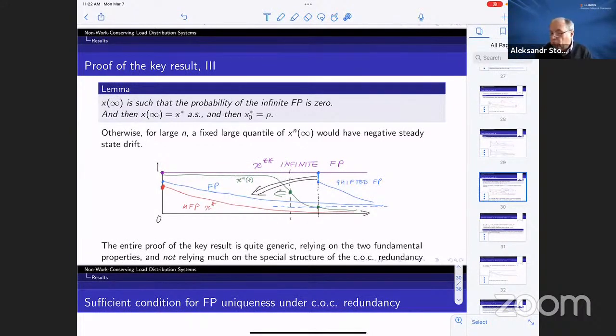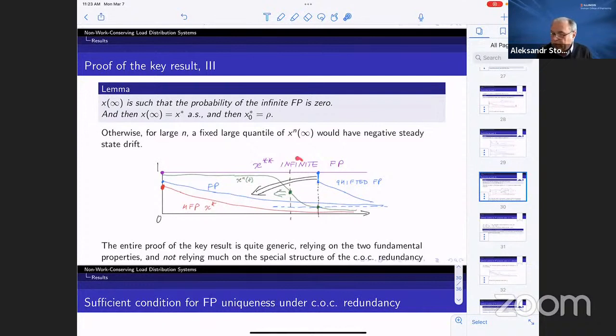Then if you pick, for example, the 90th percentile of the distribution, you can use this majorization argument to show that the 90th percentile over the finite interval would have to move left on average, and you can do all the details.